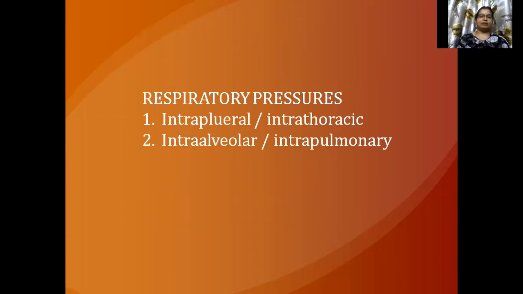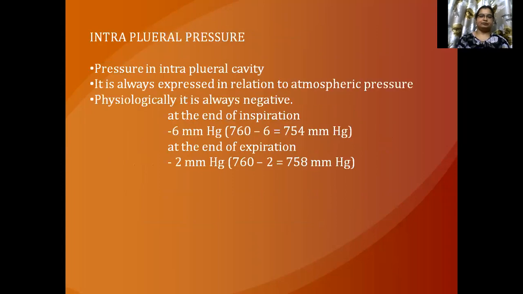Then respiratory pressures. In the respiratory system, there are two types of pressure. First, intrapleural or intrathoracic, and second, intraalveolar or intrapulmonary. Intrapleural pressure is the pressure in the pleural cavity. The pleural cavity is between the parietal pleura and visceral pleura and is filled with pleural fluid.